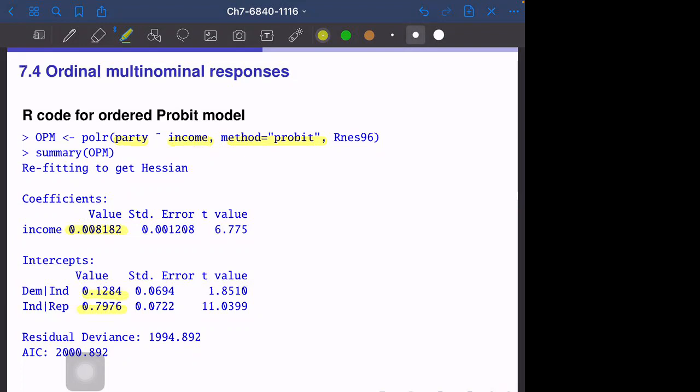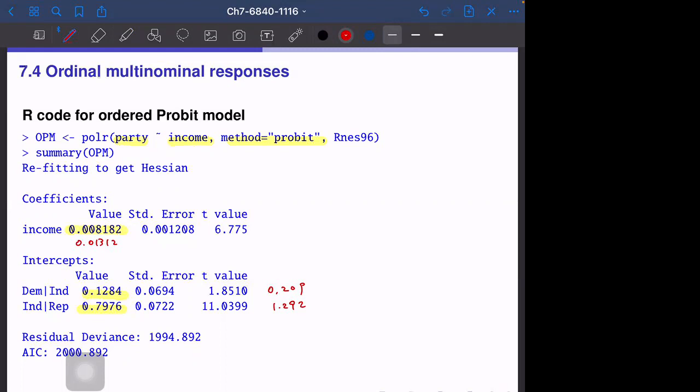With the proportional odds model, the coefficients were 0.209 and 1.292, and for income 0.01312. So these numbers are different.